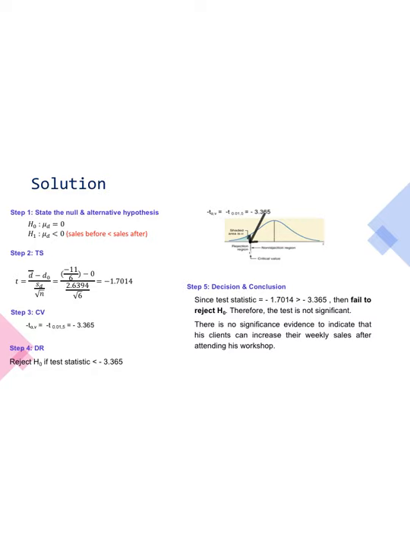We can say that there is no significant evidence to indicate that his client can increase their weekly sale after attending his workshop. So kita tak boleh kata claim dia tu acceptable lah. Tadi dia kata after attending the workshop sales will be increased kan, tapi bila kita dapat hypothesis testing, kita tak boleh terima dia punya claims tu. Okay, maksudnya sales before and after attending workshop dia sama je, tak berubah.